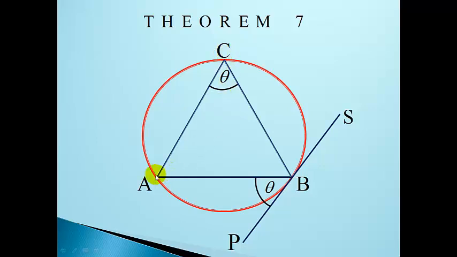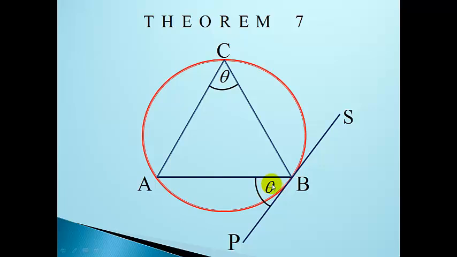Take note that AB is a chord. The chord AB subtends an angle of theta at the circumference of the circle, that is at the point C. PBS is a tangent, and the tangent is a line that touches the circumference of a circle at a point. So the tangent line PBS touches the circle at the point B. Now, the angle between the chord AB and the tangent at the point B is theta.